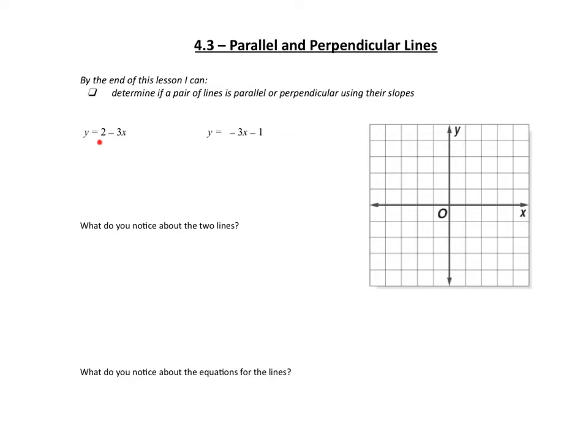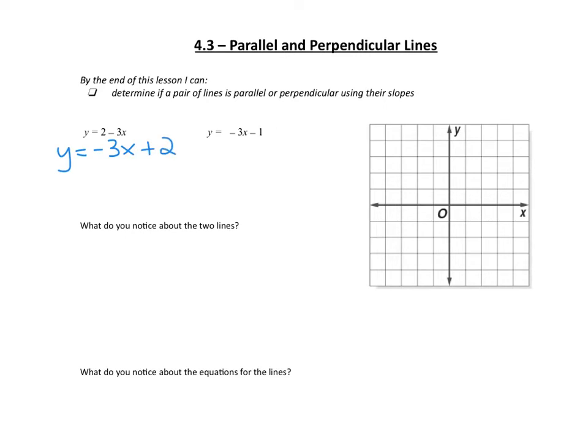This equation on the left-hand side doesn't look like it's in the right order, and it really isn't. The 2 and the 3x are just a little bit out of order. So we're going to rewrite it in the correct order. This would then become y equals negative 3x plus 2.